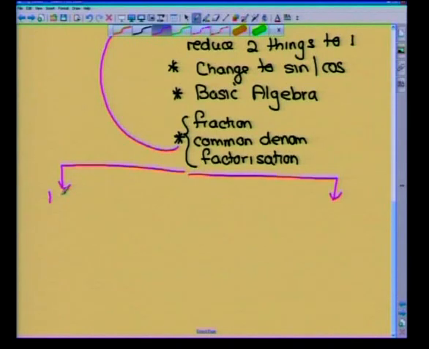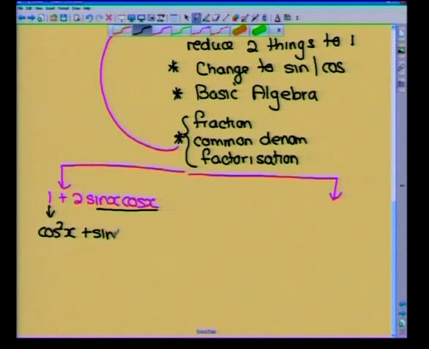The first approach is if I have got something like this looking at me, then I may change this to cos squared x plus sine squared x. And you'll say to me, but hang on a moment, you've just told us it's not a good idea to change two things to one thing to two things. It's better to have two things changed to one thing.